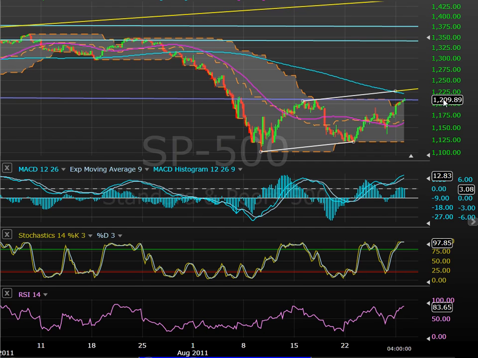Interestingly enough, we did end up at that 1209.89 area, just ever so slightly above 1208.47. And we ended up smack dab on our long-term resistance and support line, going all the way back to the 2000 peak in the S&P 500 stock index.